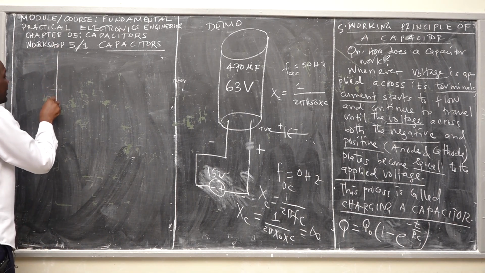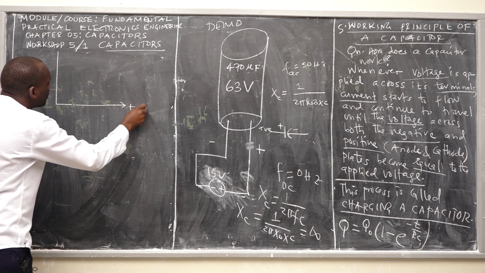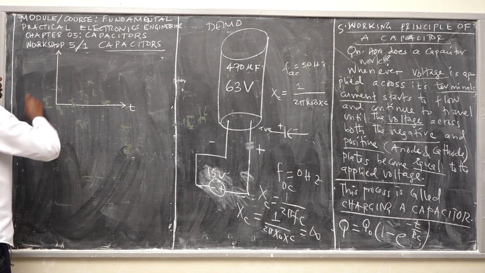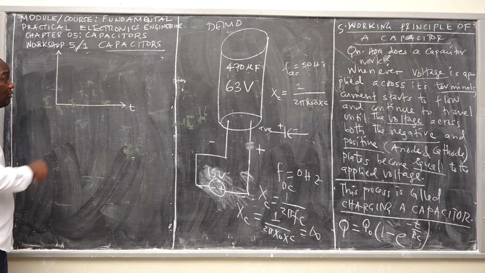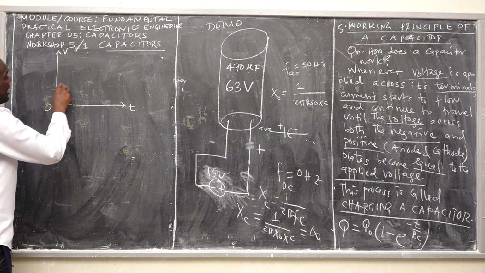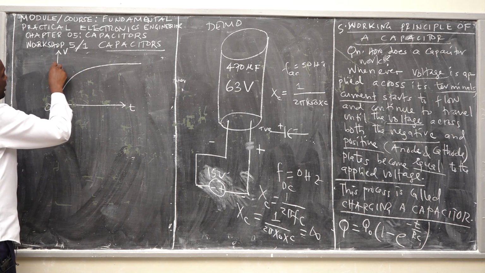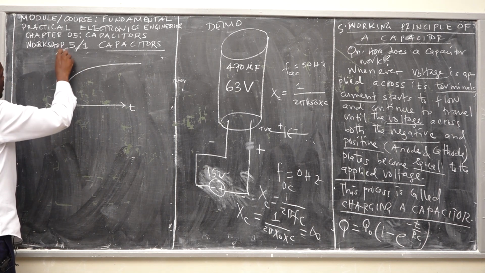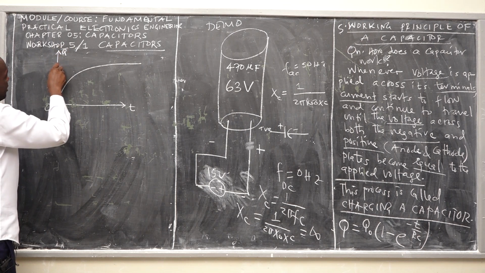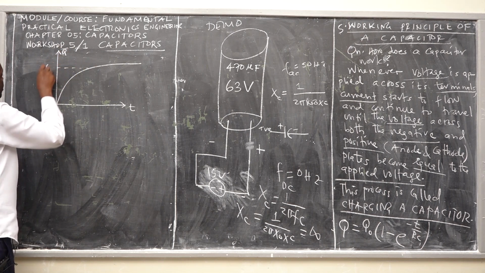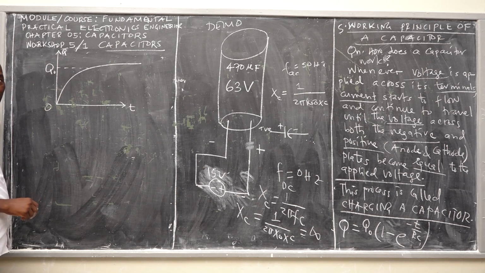Let me remind you, it's a graph. The graph is against time, and here we have voltage. And here we have something like this. At this point, this is Q, quantity of charge per unit time. This we call Q naught, maximum quantity of charge.